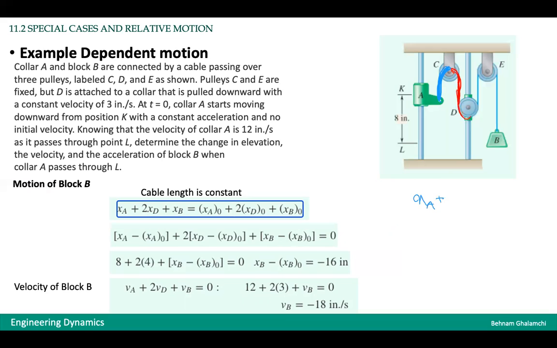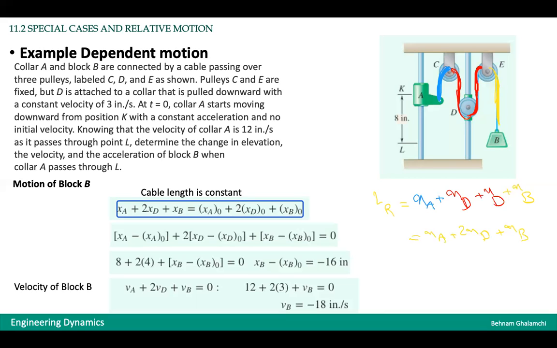This length here is equal to XD. It goes up, look at this rope, that is XD again. And then it comes down. This length here, that is my XB. So at the end, that will be my L rope. This is XA plus 2XD plus XB.